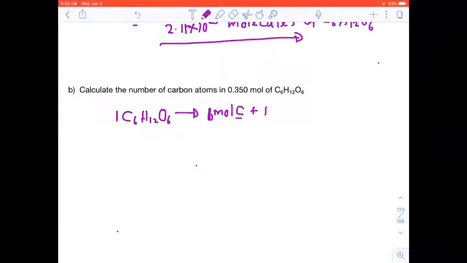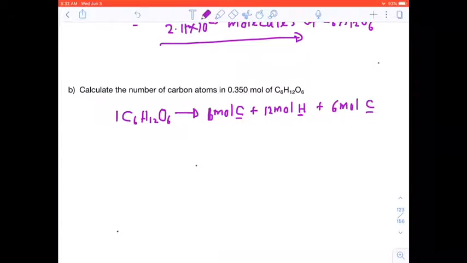And it gives us 12 moles of hydrogen, and it has 6 moles of oxygen. That's what this molecule is made up of.